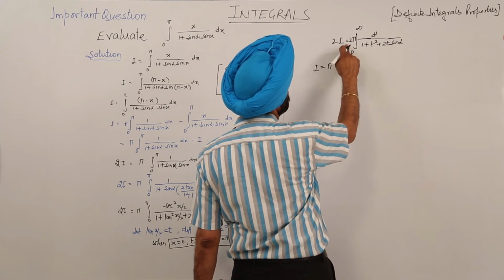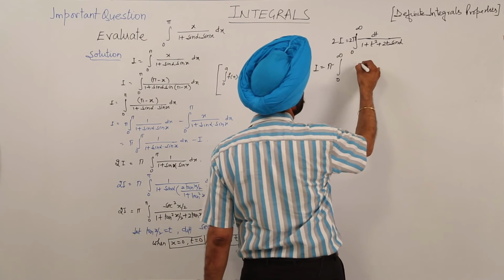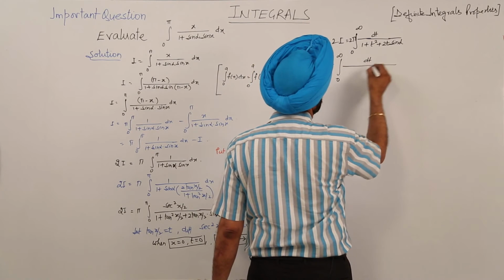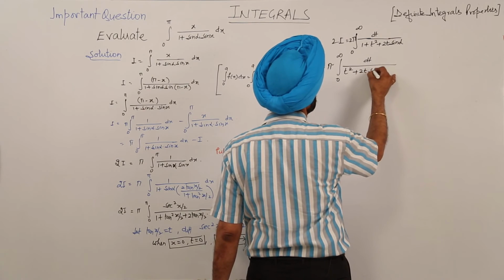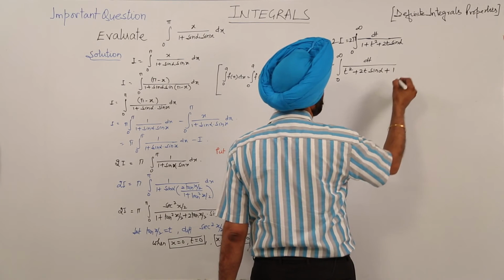Now this 2 and this 2 cancel. Integral 0 to infinity dt upon t square plus 2t sin alpha plus 1.